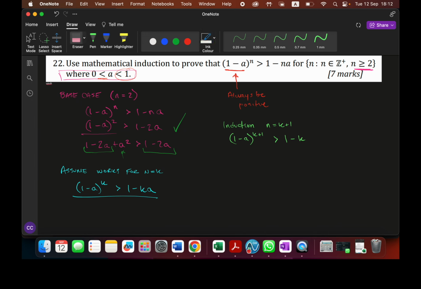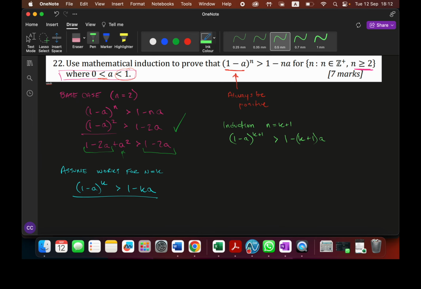Almost messed that up on my induction step. All right, so let's work the left-hand side and see if we need to manipulate anything on the right-hand side to get us to our solution.